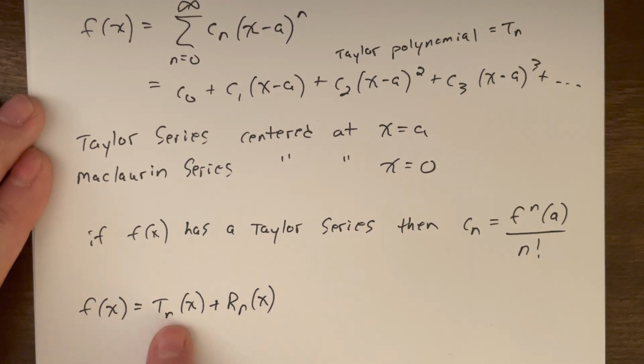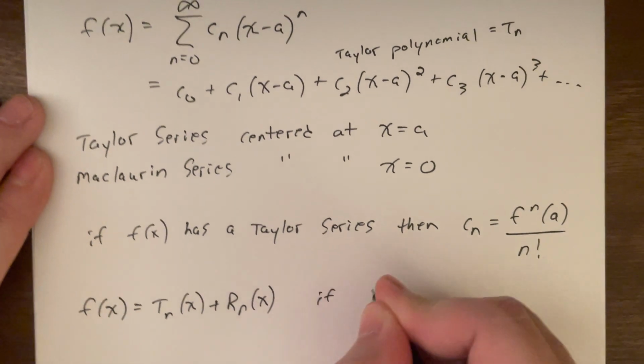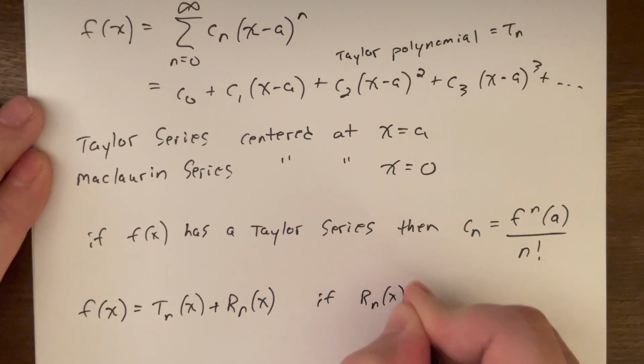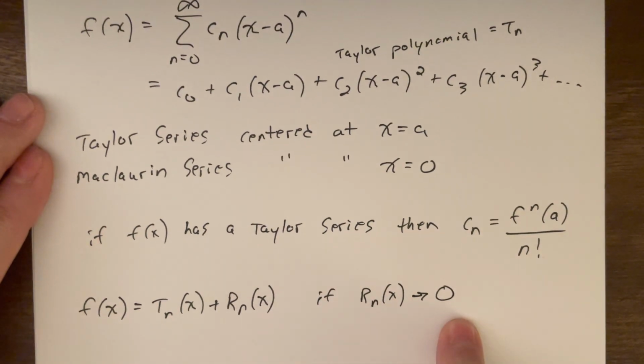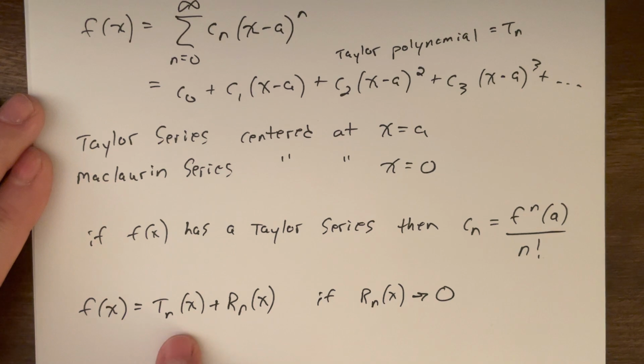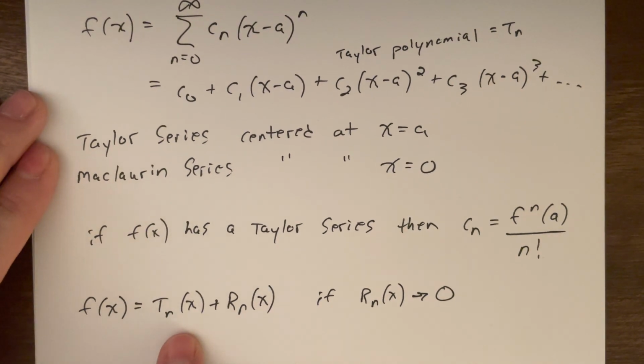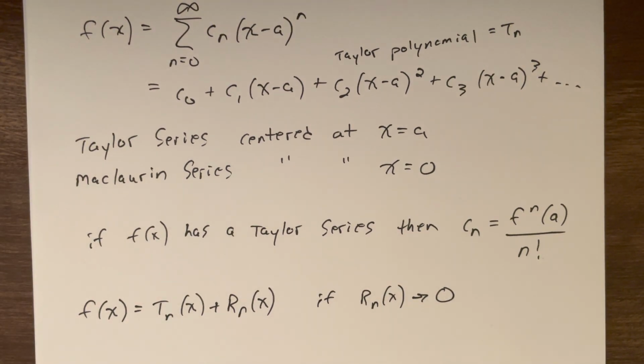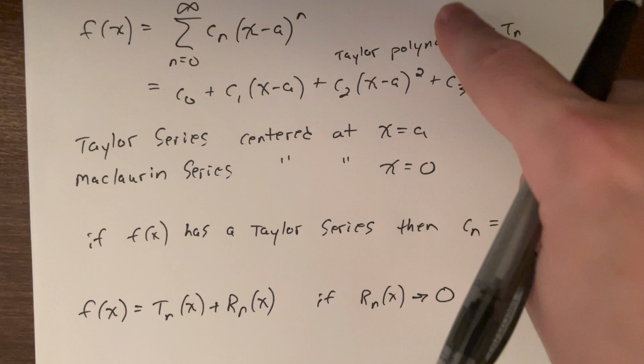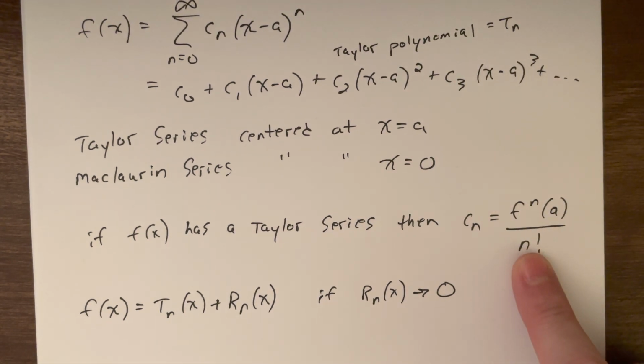So all functions can be written in this way. But now, if R sub n, that remainder polynomial, goes to 0, then the function can be written as its Taylor polynomial, and that's it. If you're following along in the book, page 799 just covered a lot of this introduction, and we'll see some more specific work.